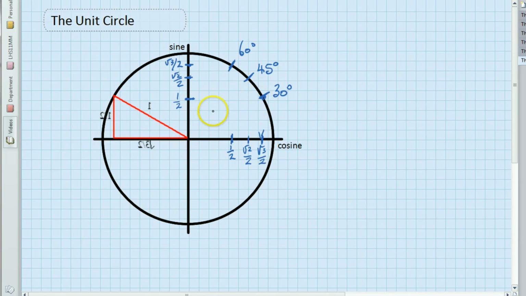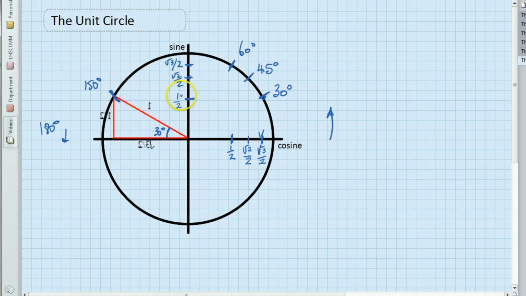And you'll notice that if I was to read starting from here, I know that this is 30 degrees. If I was to go all the way around the unit circle to here, I know that this is 180 degrees, and so I need to come back this 30, so this point here is the 150 degree mark. So if I was to measure from this side here all the way around, it's 150 degrees.